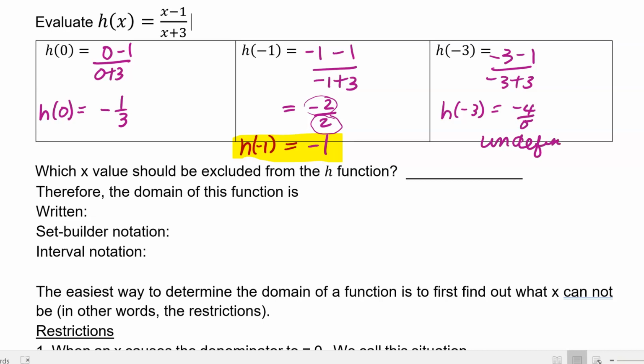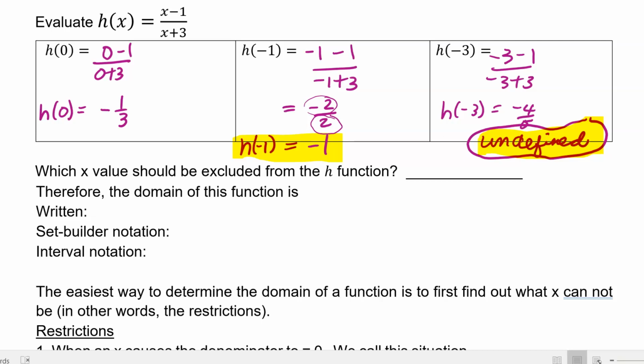So whenever you have a 0 under the line, it's undefined. So here we have an issue. In math, we do not like zeros in the denominator. So if our denominator equals 0, we call that undefined.